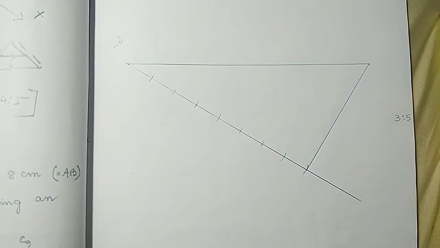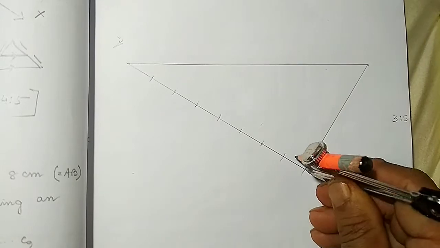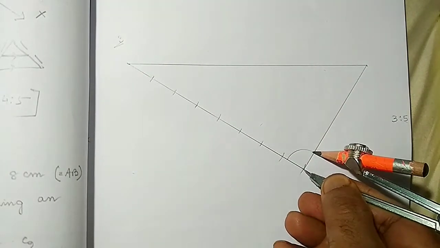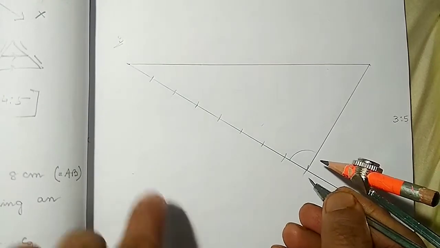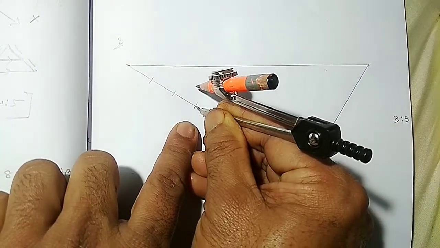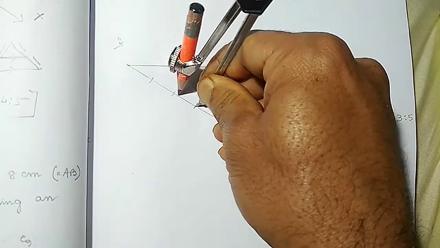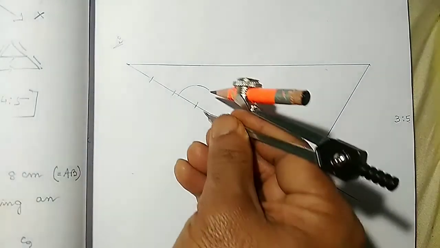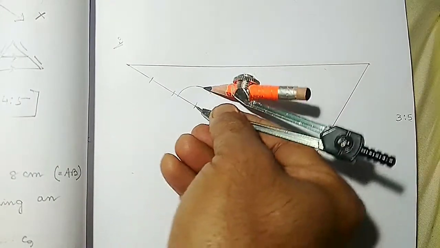Clear? Once we have joined, then what we have to do? We have to draw an arc here with the same measurement from the third position, 1, 2, 3. In the third position also, we have to draw an arc with the equal radius. You can make it a little bit longer.